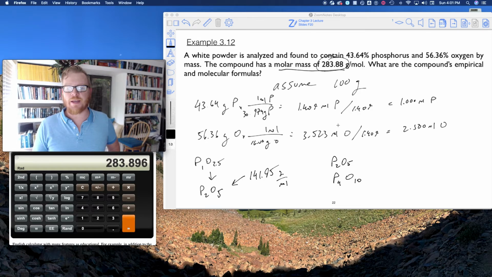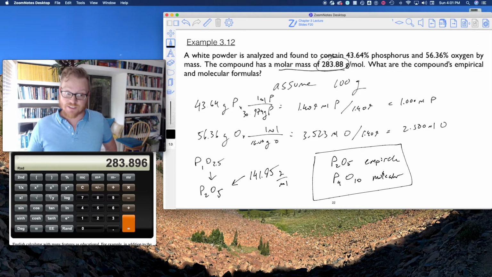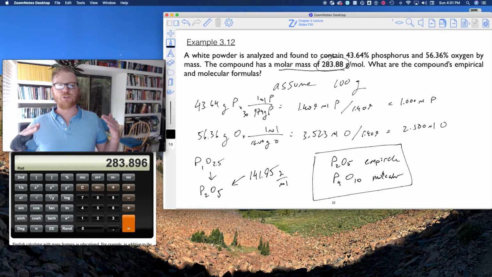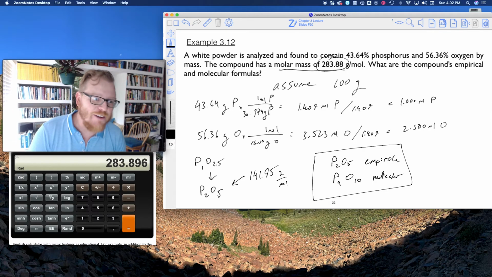And so this tells me that this has to be the molecular formula because it gave me the molar mass, and this has to be the empirical formula, okay? And these all contain the same ratio of elements by mass. But to distinguish the molecular formula from the empirical formula, we have to know what the molar mass of the molecule is. Okay, folks, that is it for chapter 3.